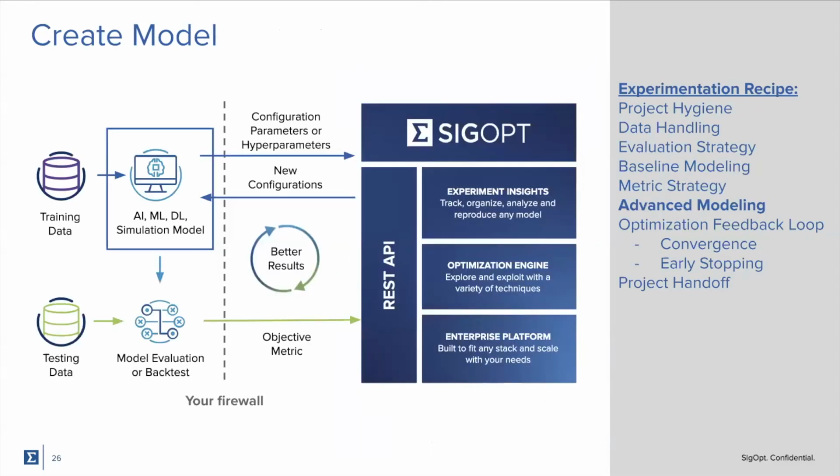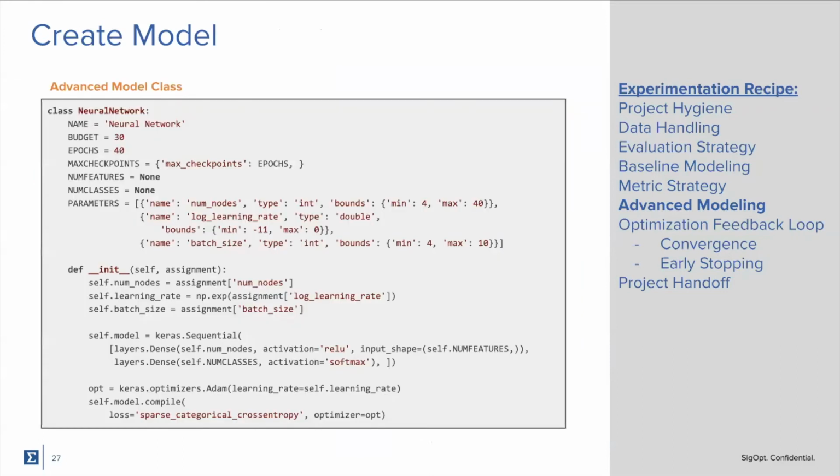And let's start to talk about more complex modeling. Again, the evaluation framework and the data don't care if we do logistic regression or deep neural networks. So let's just change the underlying model.